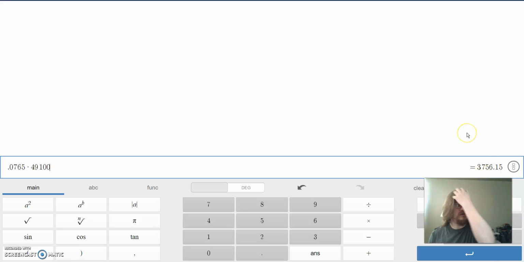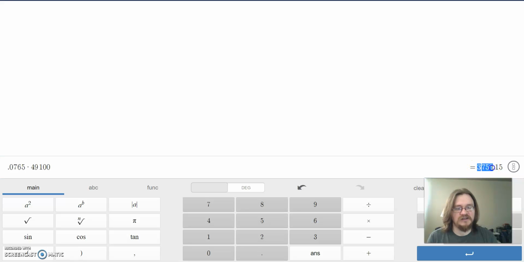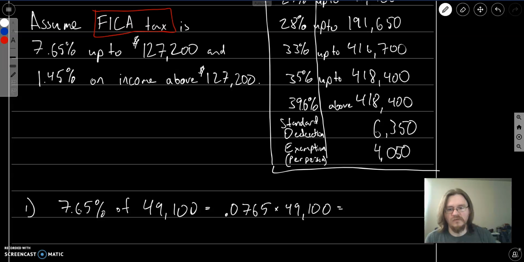3,756. And what is quite often done with taxes is I'm not going to worry about the cents here. I'm just going to round up to the nearest dollar, because I have to pay that extra 15 cents. So I will pay 3,757. Let me just write that down before I forget.